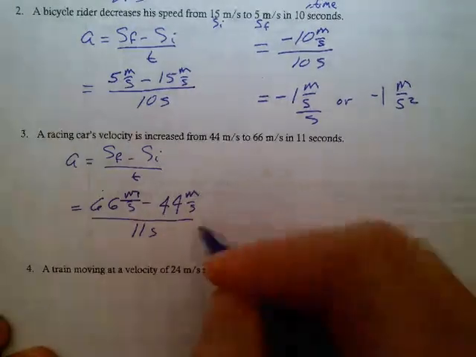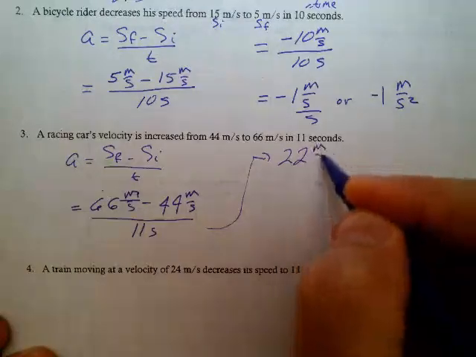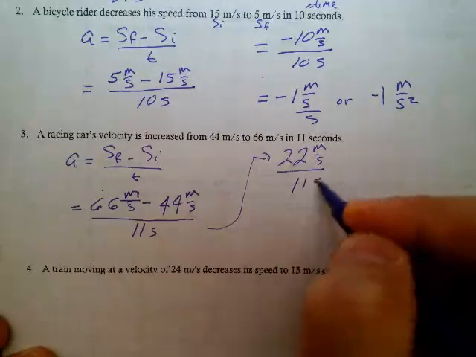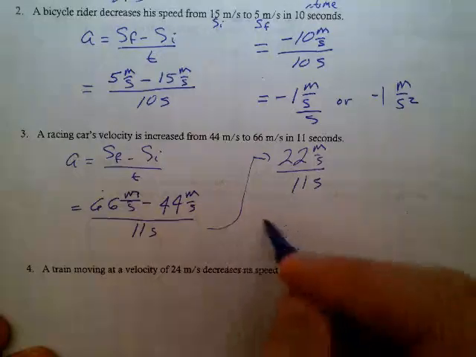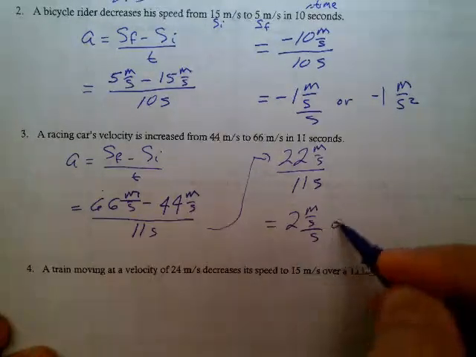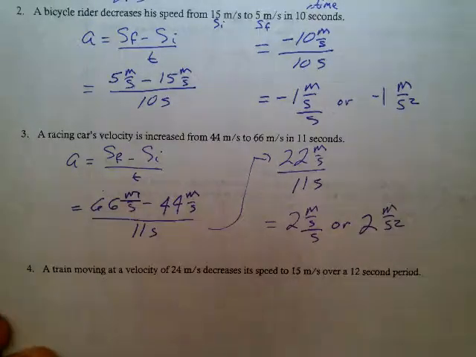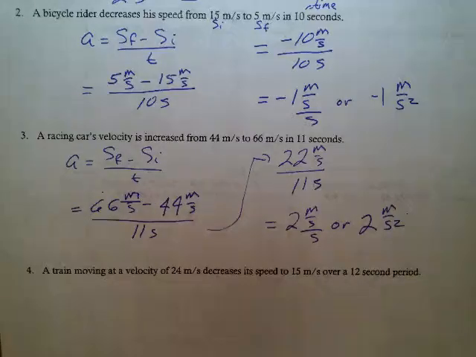And that's 22 meters per second divided by 11 seconds. If we work all that out, that comes out to be 2 meters per second, or again, 2 meters per second squared. Either of those is a perfectly acceptable answer. You don't have to do both.